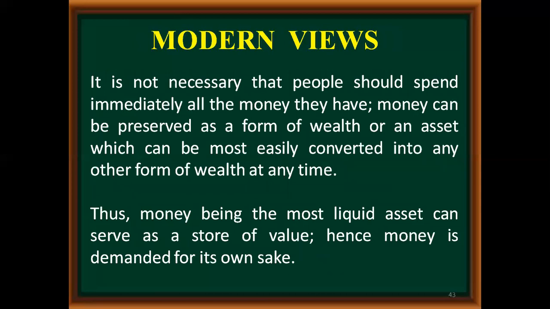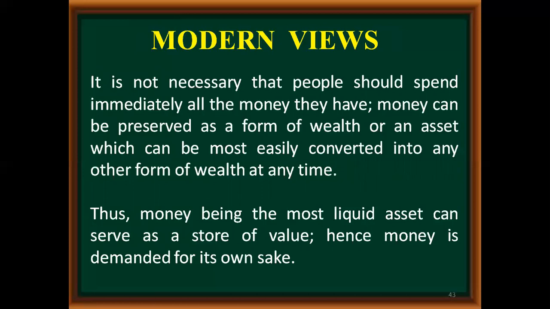Further, it is not necessary that people should spend immediately all the money that they have. Money can be preserved as a form of wealth or as an asset which can be most easily converted into any other form of wealth at any time. That means people can keep money just to convert it into any other form of wealth.